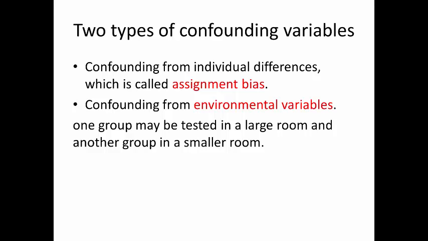For example, one group might be working in a higher temperature, or the other group might be working in hours or times that the participants are tired or hungry or experiencing conditions that are not related to the treatment.